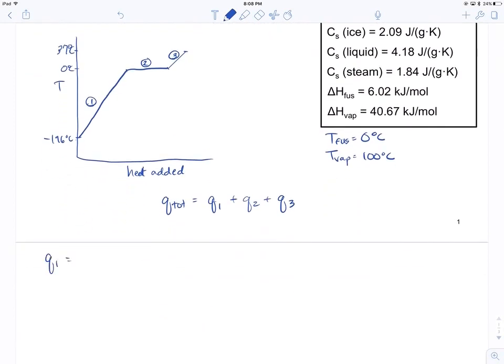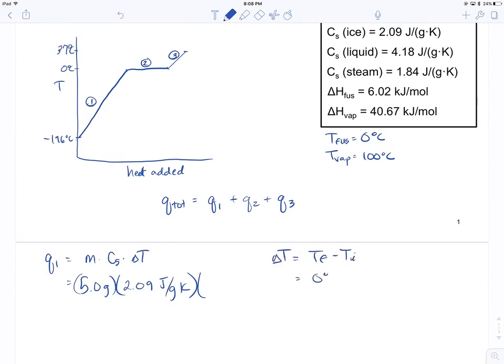Q1 is a warming phase, so we'll be looking at the mass times the heat capacity times delta T. My mass is 5 grams. My heat capacity for ice is 2.09 joules per gram Kelvin. And then my change in temperature, remember, is T final minus T initial.